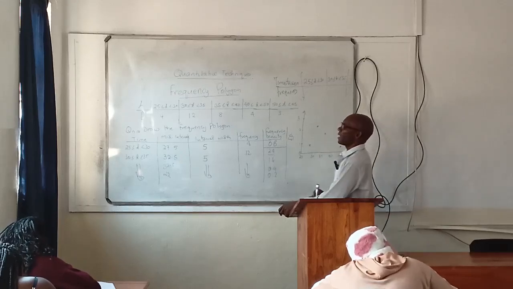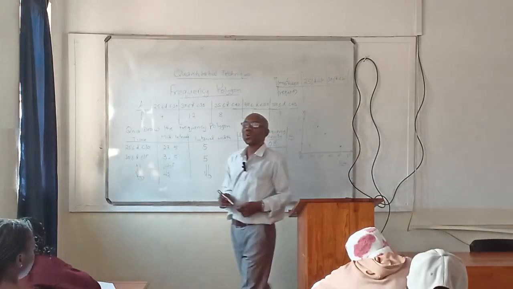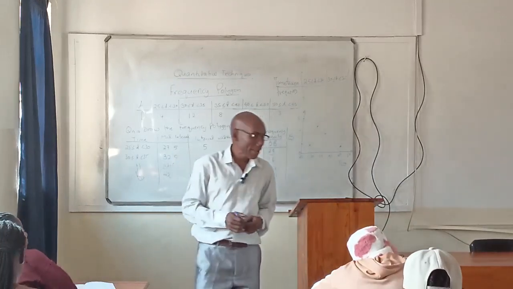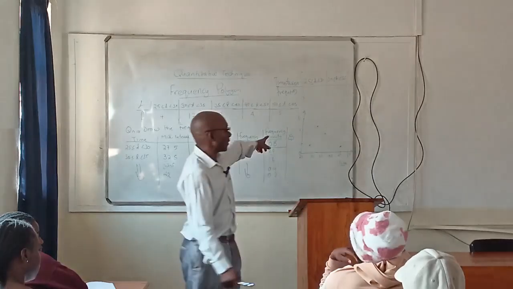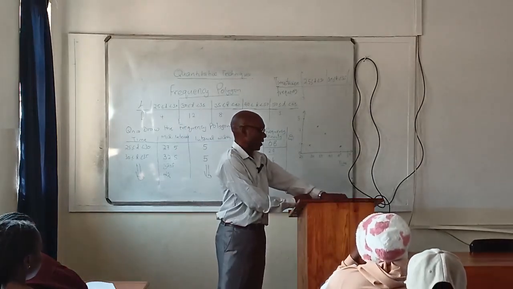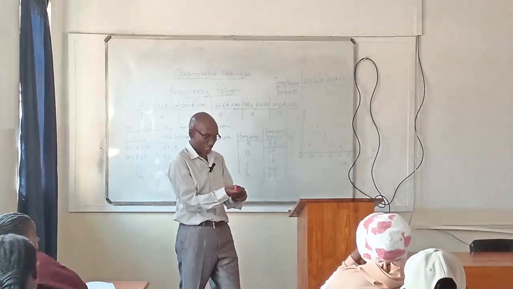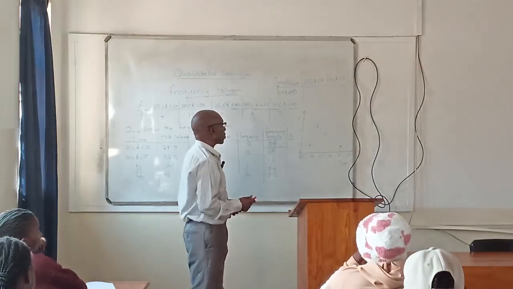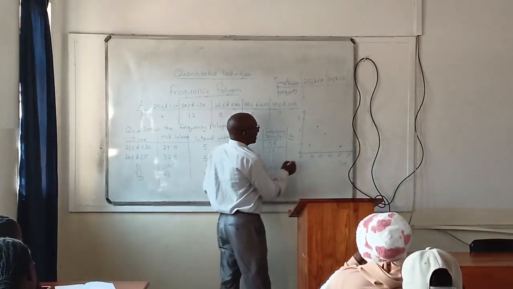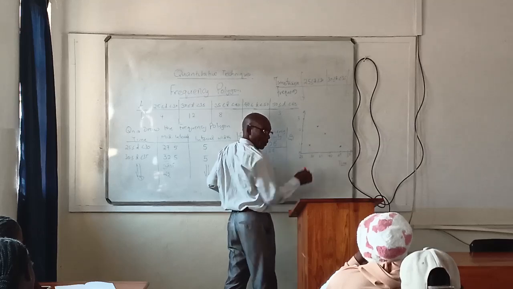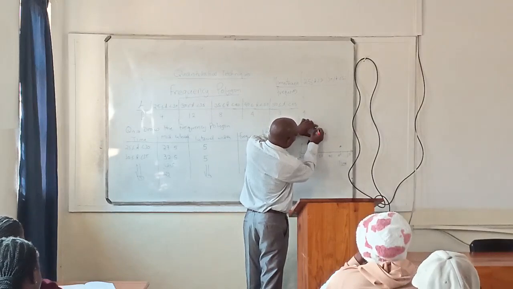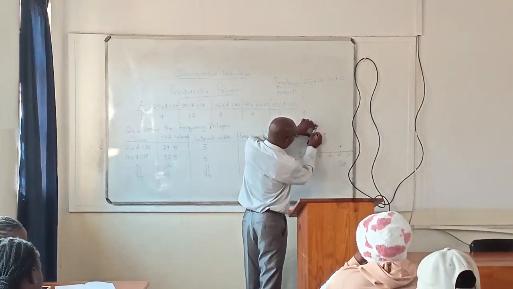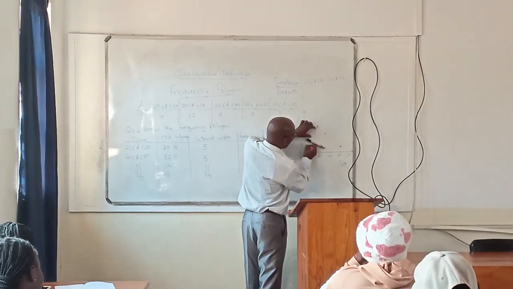Right? Now, how do you draw the frequency polygon? The way you draw the frequency polygon is, you take a ruler, and you connect from this point. Assuming that this is my ruler, you connect this up to there, right?